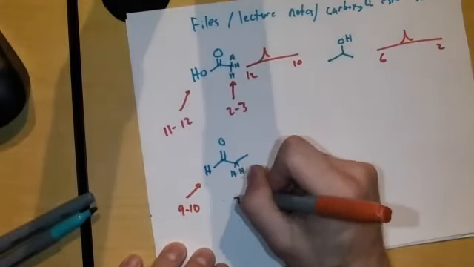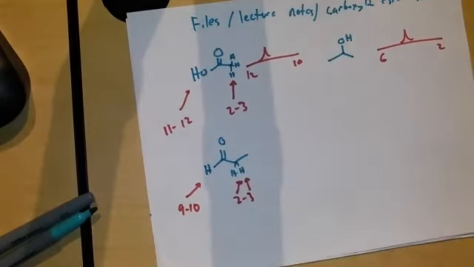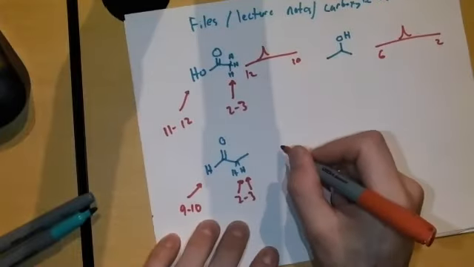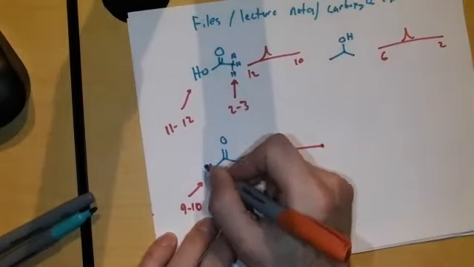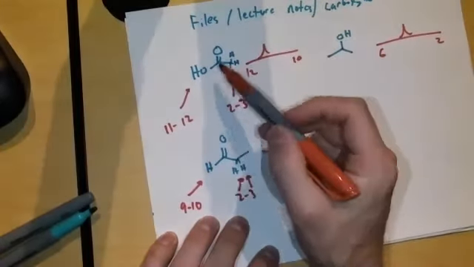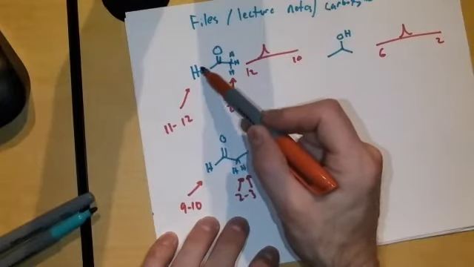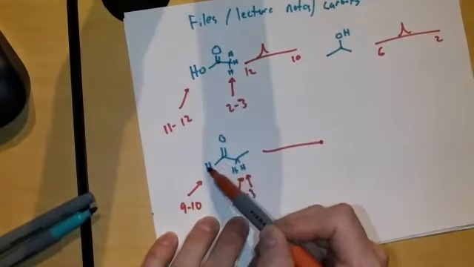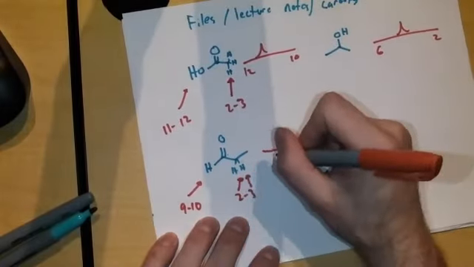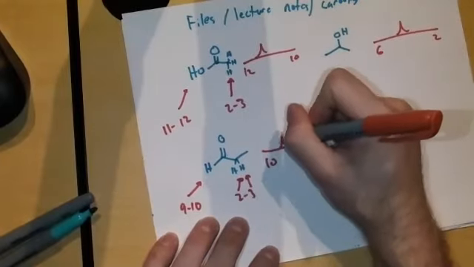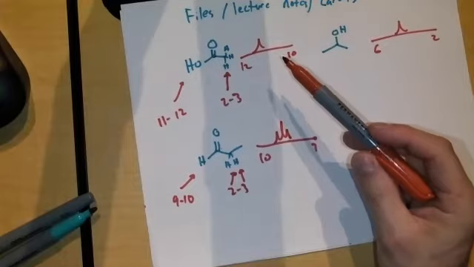These H's are going to show up between 2 and 3. And this H here is directly bonded to our carbonyl, as opposed to the one on the oxygen, or the carboxylic acid, where you have carbonyl, oxygen, H. So this is actually going to give you a neighboring signal peak. This has 2 neighbors to it. This would give you a triplet versus our carboxylic acid, which just gives you a broad peak.